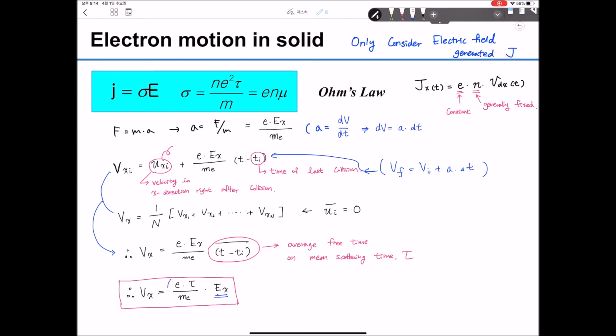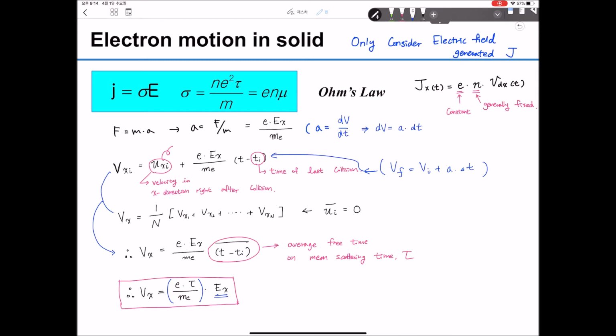And there is a fancy word for this. The average free time, or mean scattering time of an electron, depends on how closely the atoms are packed, or how far away these atoms are.